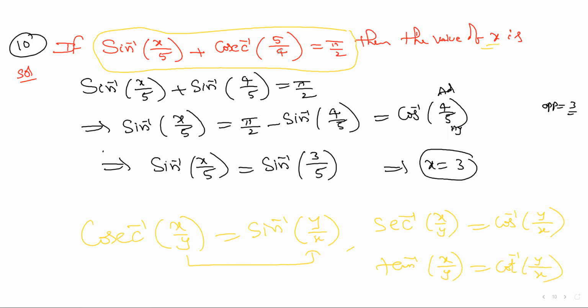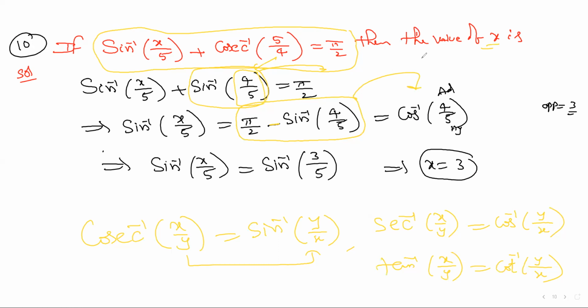Here cosecant inverse of 5 by 4 can be written as sin inverse of 4 by 5, the reciprocal, and the sum is equal to pi by 2. Sin inverse of 4 by 5 sent to the right side becomes negative. So sin inverse of x by 5 is pi by 2 minus sin inverse of 4 by 5.